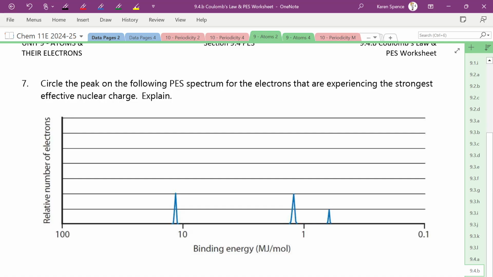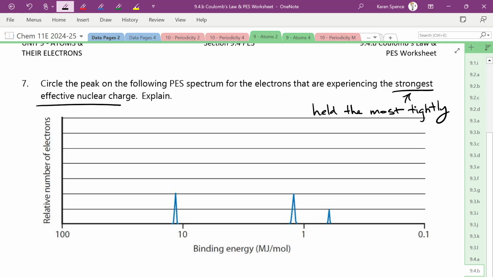If you have the strongest effective nuclear charge, you are held the most. The most loosely or the most tightly? The most tightly. And if you are held the most tightly, you have the highest or the lowest binding energy?